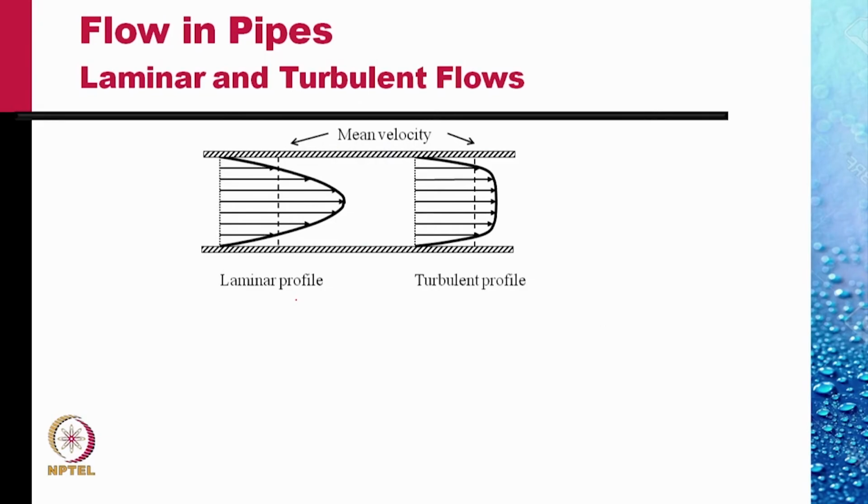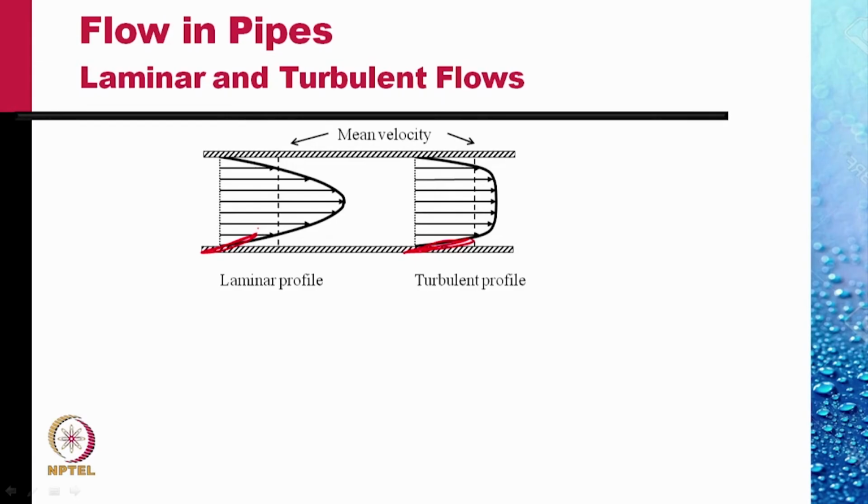Here we are comparing the flow profiles in the laminar flow and the turbulent flows. In laminar flows, the maximum velocity is much larger than the average velocity, not so in turbulent flow. In turbulent flow, the central region is quite flat. The gradient of velocity at the wall is much larger in the case of turbulent flow than in the case of laminar flow.